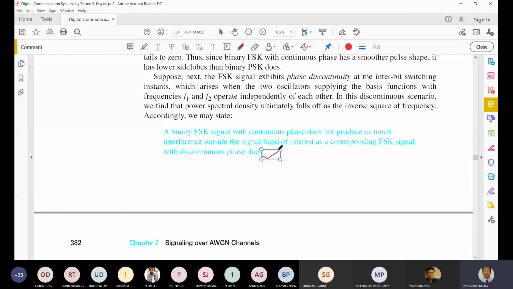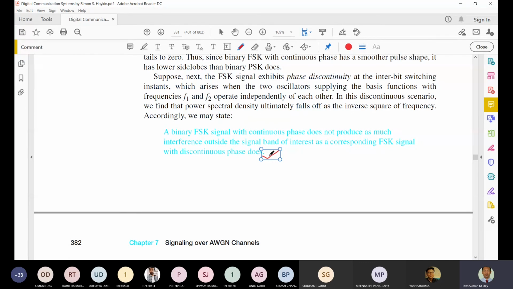So if there is phase continuity, the interference will be less. If there is phase discontinuity, the interference will be more.